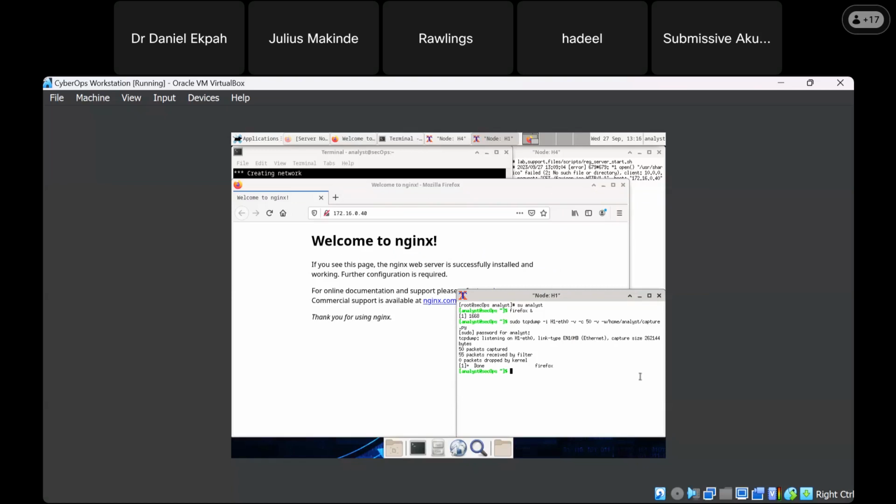My question is, are we putting the IP address in the browser while the capture is counting or after it? When I read the lab, I thought we have to do it while it's counting.